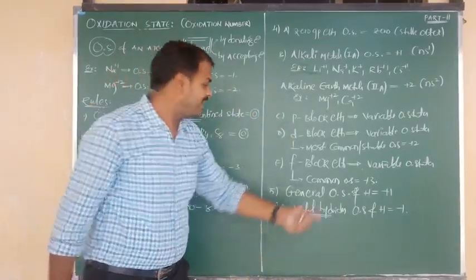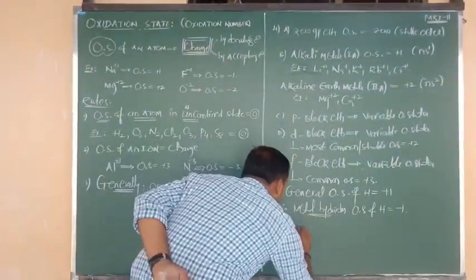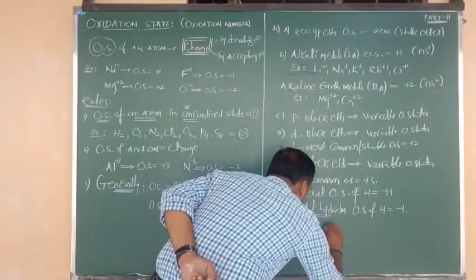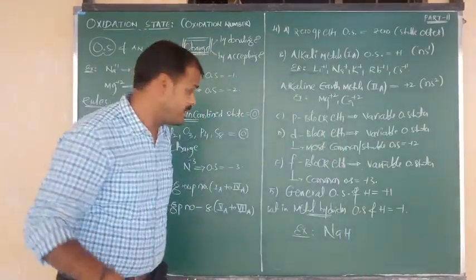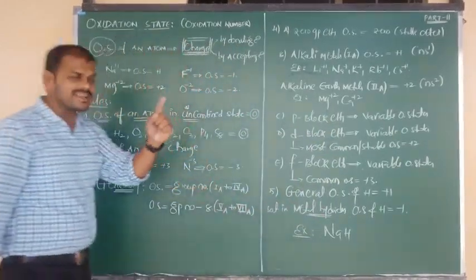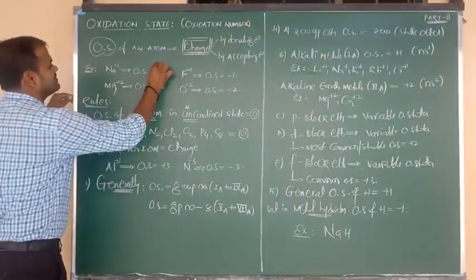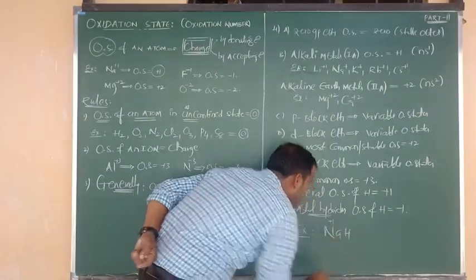Sir, how? Let me show you this variation. Example: what is the formula of sodium hydride? NaH, sodium hydride. Sodium is a metal, so it is a metal hydride. Sodium always contains +1 charge.